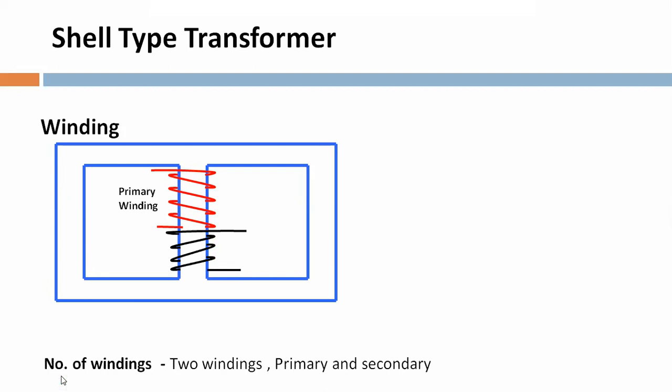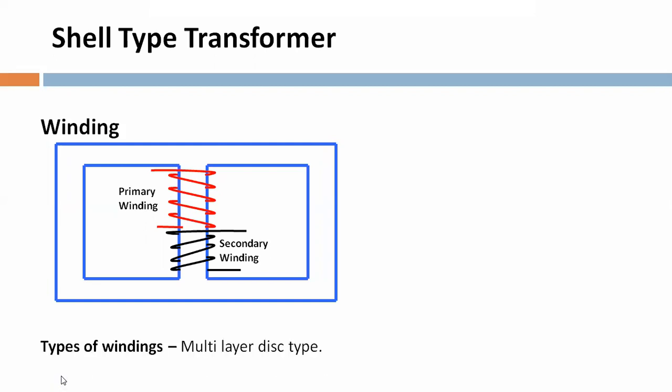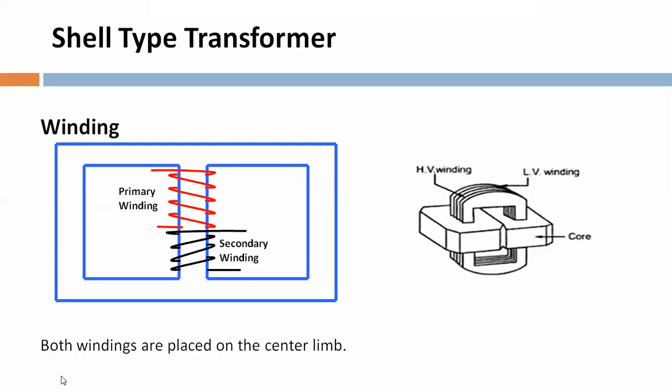Number of windings is two, primary and secondary, which are wound on the middle limb. Type of winding: this is a multi-layer disc type. Both windings are placed on the center limb. This is the LV winding and HV winding, and this is a core. That is a pictorial view of the shell-type transformer.